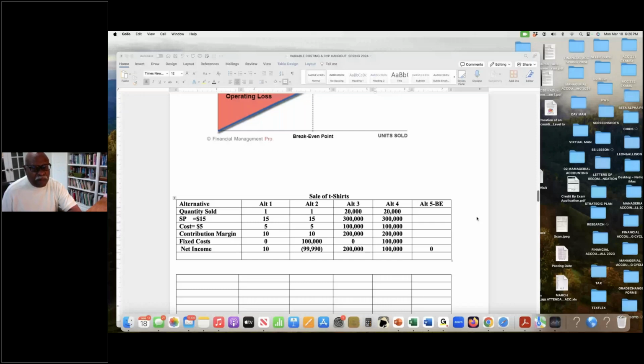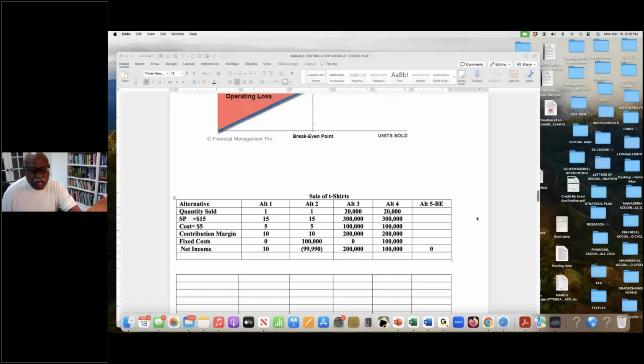The cost would be 20,000 times 5, 100,000. And so the contribution margin is 200,000. We assume no fixed costs in this model, so the net income was 200,000. Everyone see that? The contribution margin, you got it from subtracting the 300 and the 100, right? Correct.